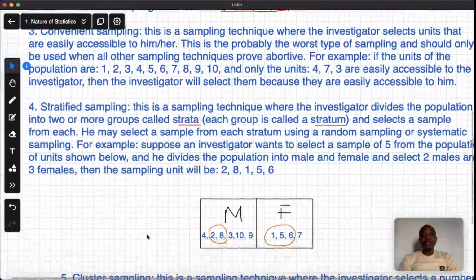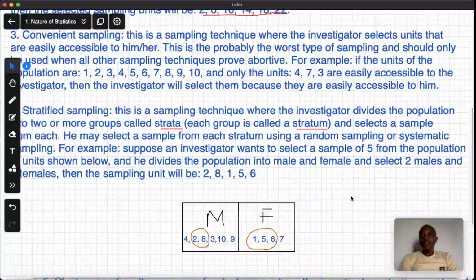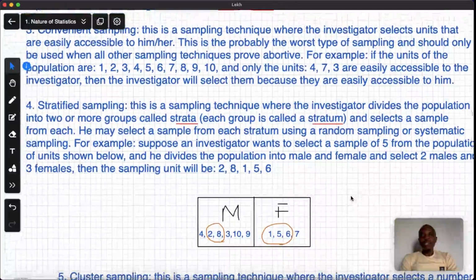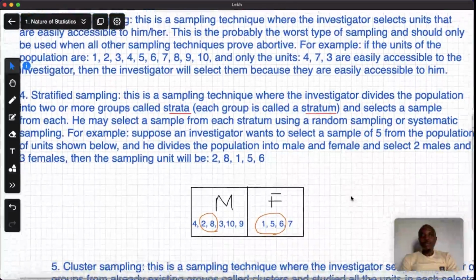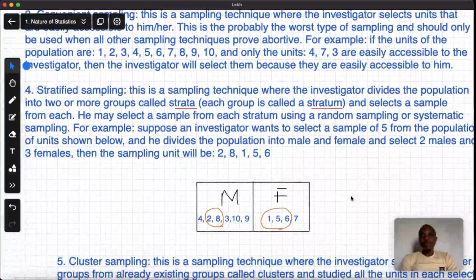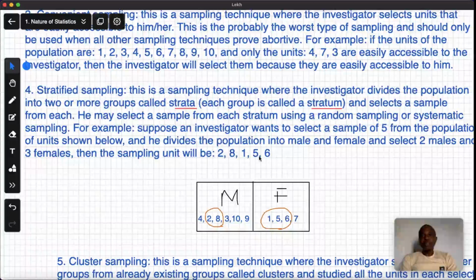Now, for example, suppose an investigator wants to select a sample of 5 from the population of units shown below. He divides the population into male and female, and selects 2 males and 3 females. Then the sampling units will be 2, 8, 1, 5, 6. Originally, the population was units 1 to 10.